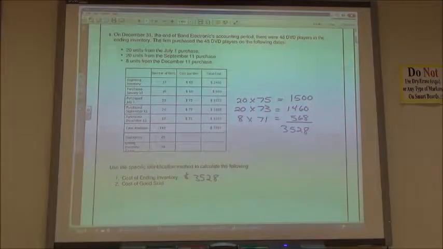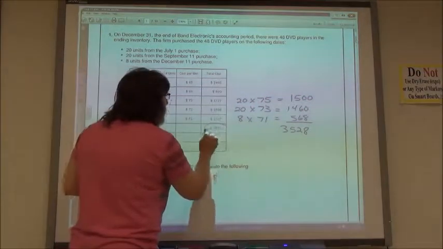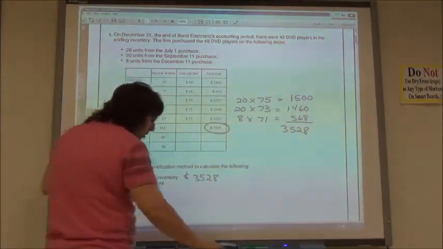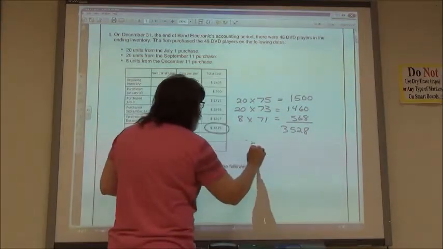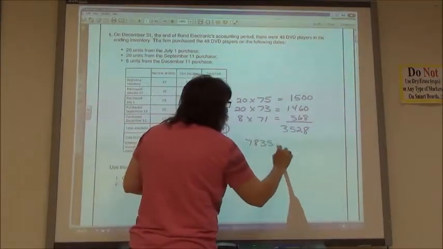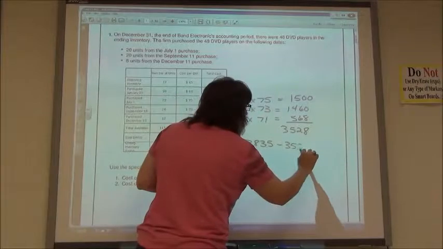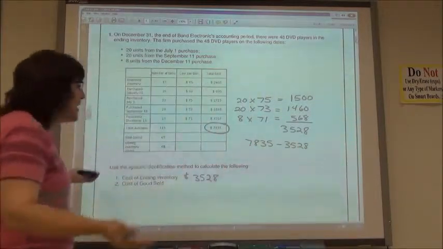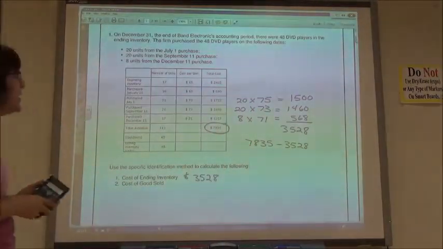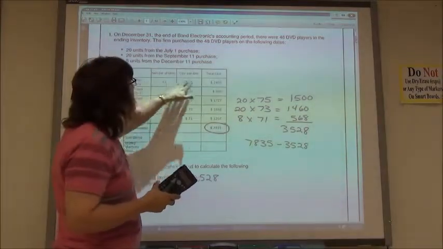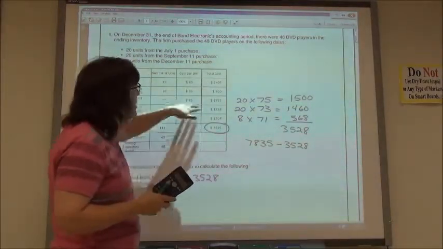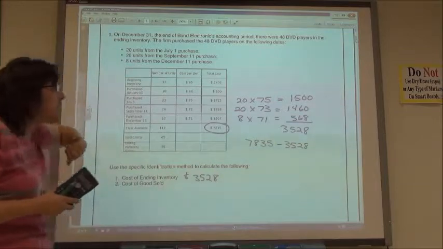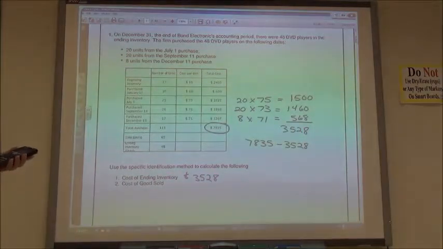$3,528 left in inventory. Now this was the total amount of our purchases. So if we take that $7,835 and subtract the $3,528, that's going to tell us how much stuff we sold. Instead of having to go back and multiply this out and figure out how many are left of each of those, we can just subtract. Makes it a lot easier.